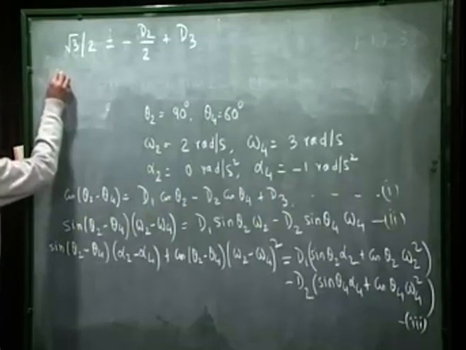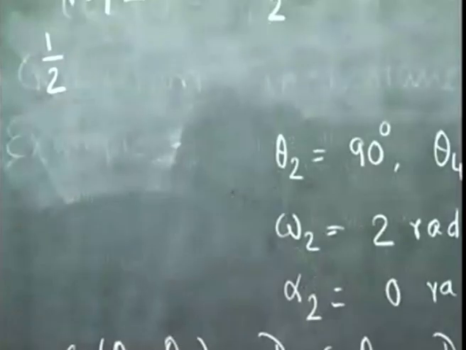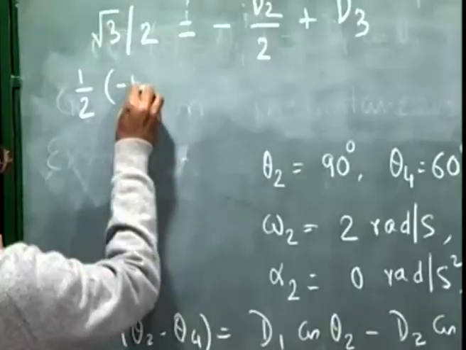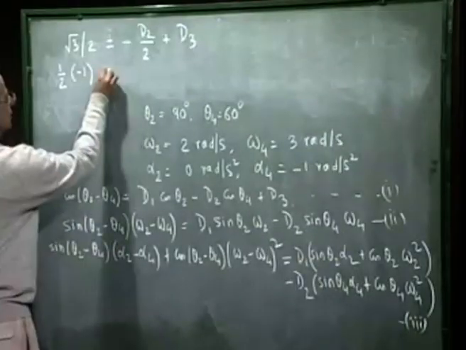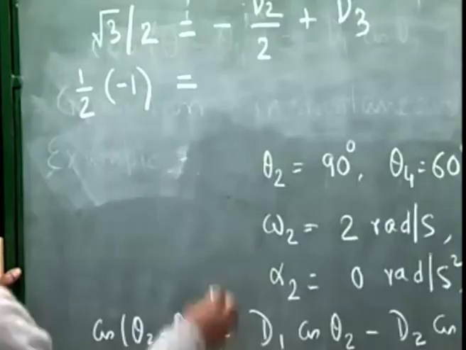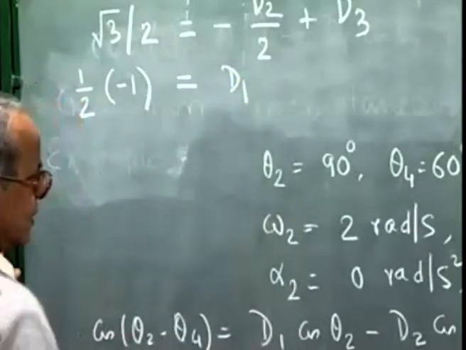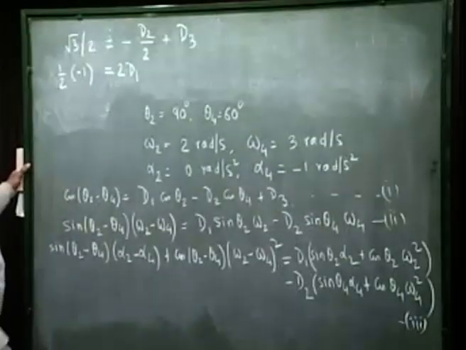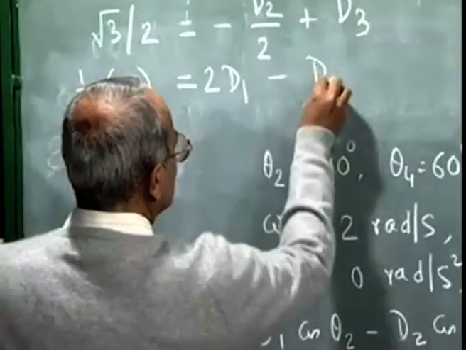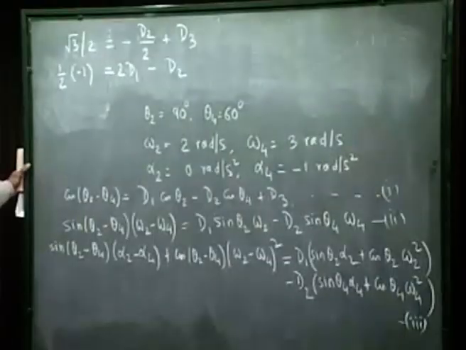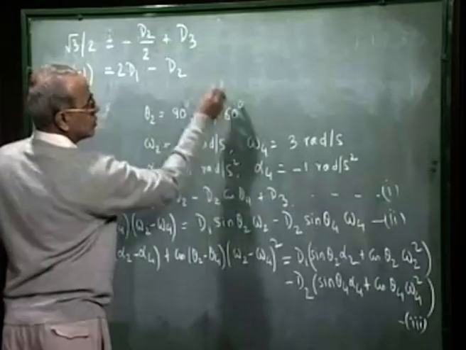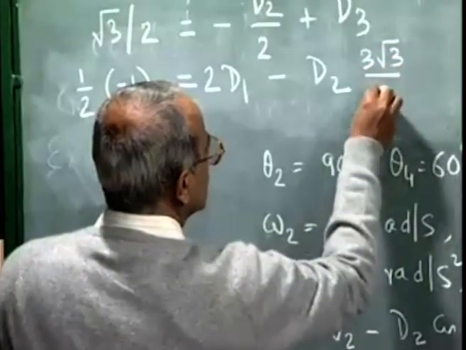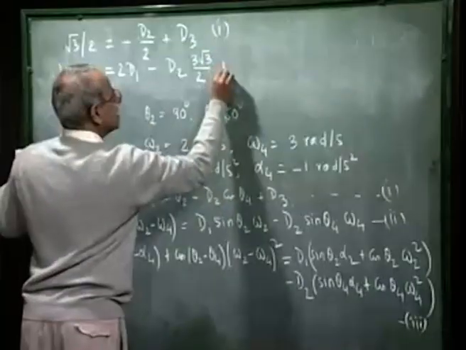Sine 30 degree, that is half, into omega 2 minus omega 4, that is minus 1, should be equal to d1 sine theta 2 is 1 and omega 2 is 2, so 2 d1 minus d2 sine theta 4 is root 3 by 2, omega 4 is 3, so 3 root 3 by 2. This is equation 1. This is equation 2.